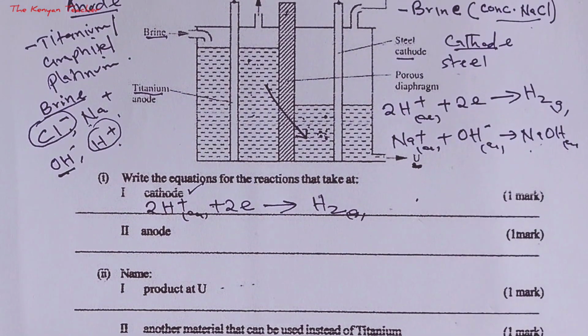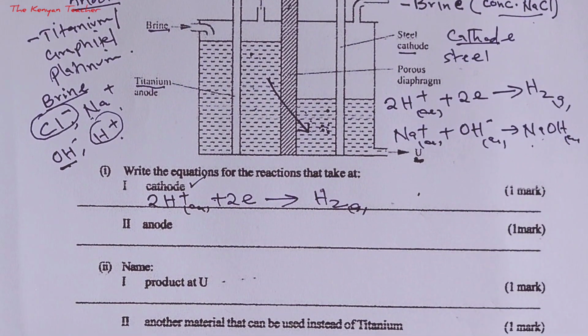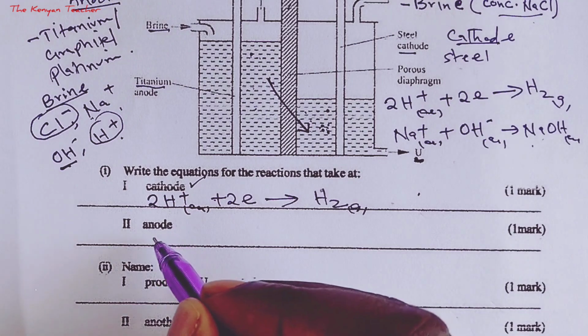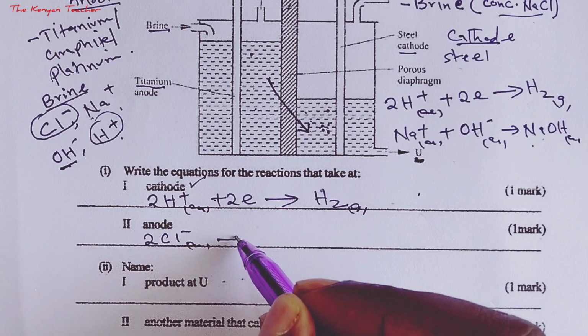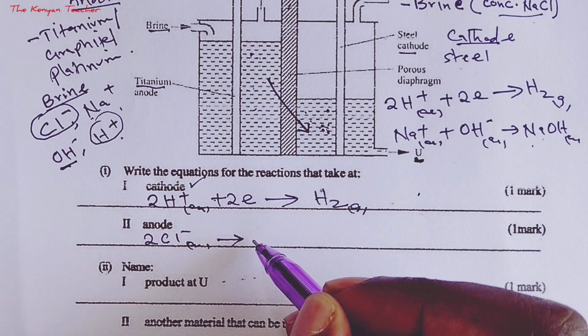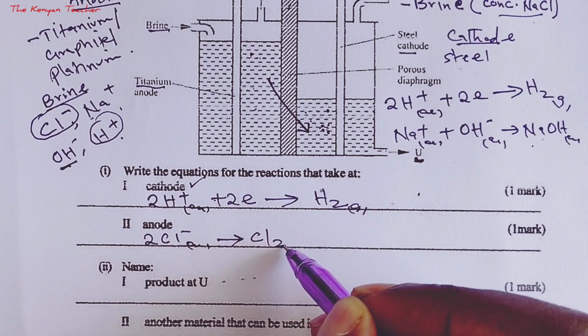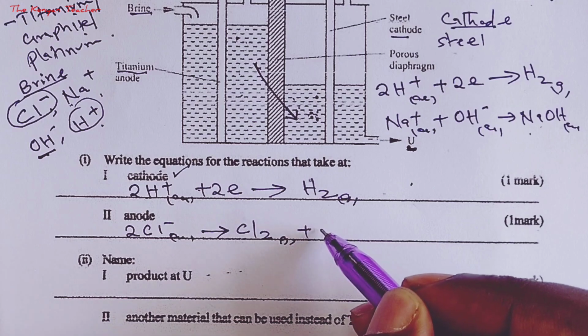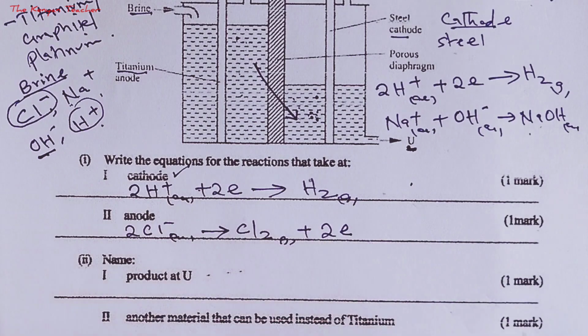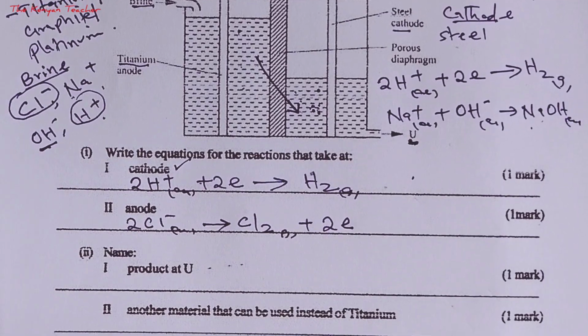At anode, we discharge chloride ions, and we have 2 moles of chloride ions being discharged or being converted into atoms to give chlorine gas, and the reaction is accompanied by loss of 2 moles of electrons.